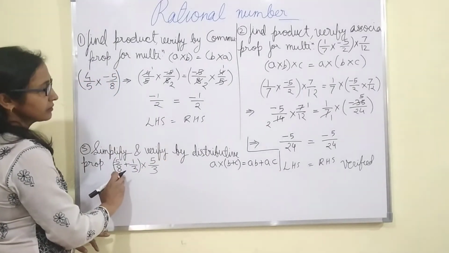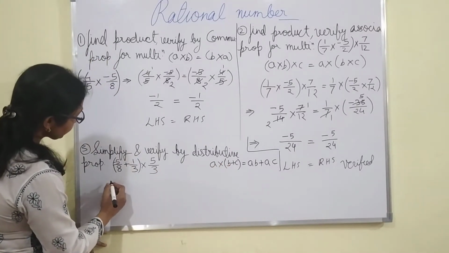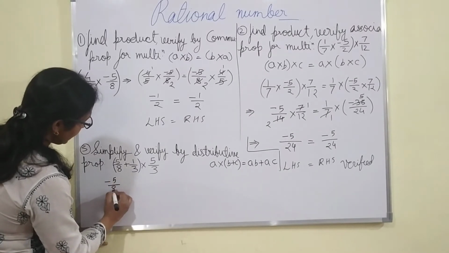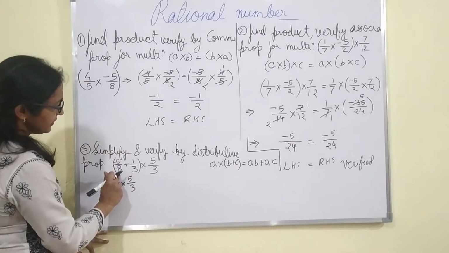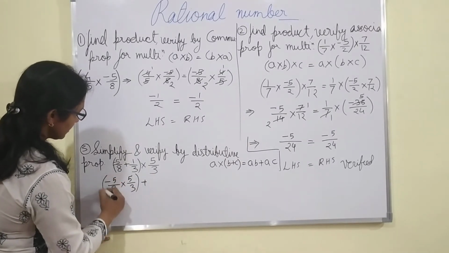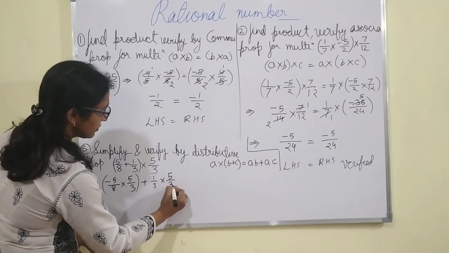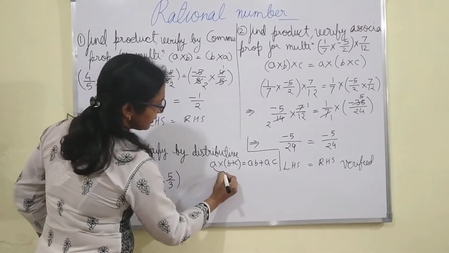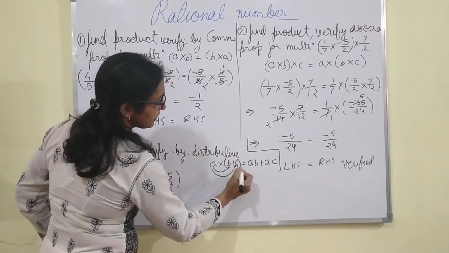So I am solving this sum on the basis of distributive property. So minus 5 upon 8 into 5 upon 3. ये जो नंबर है ये पहले इससे मल्टीप्लाई होगा, then plus 1 upon 3 into 5 upon 3. फिर ये नंबर इससे मल्टीप्लाई होगा, see AB plus AC.